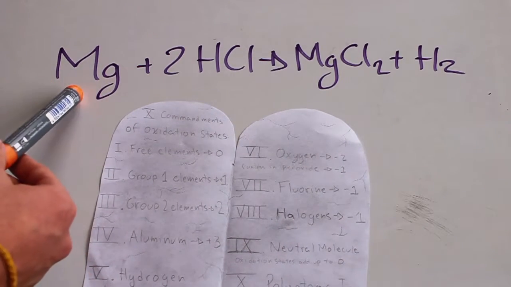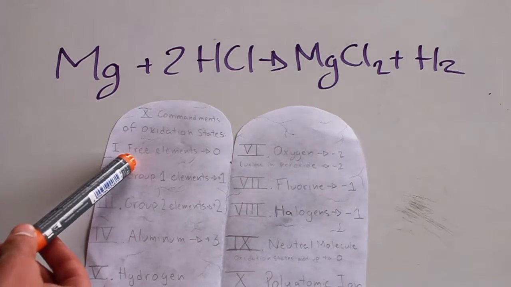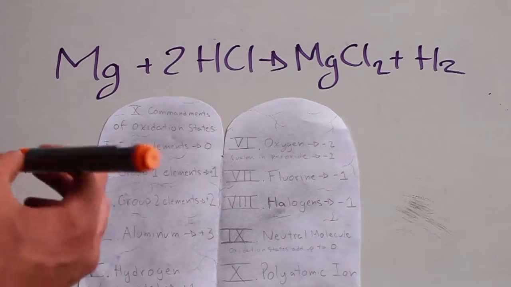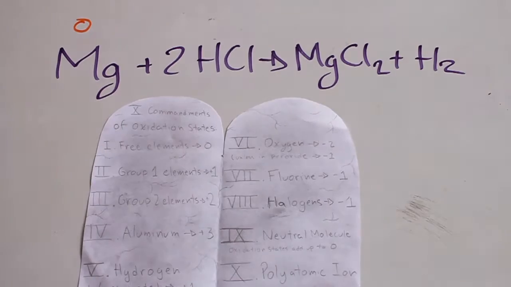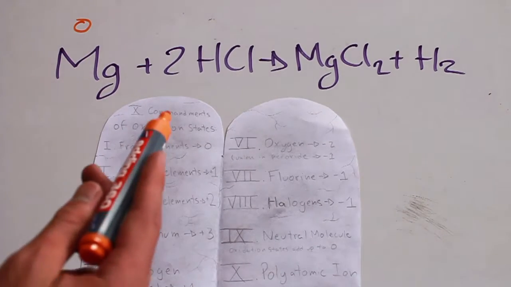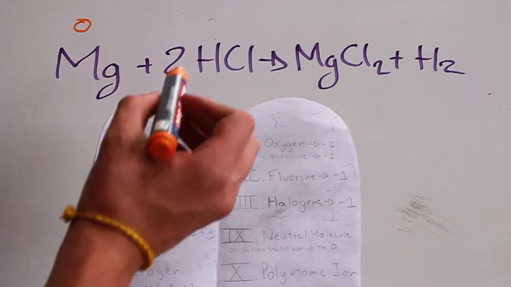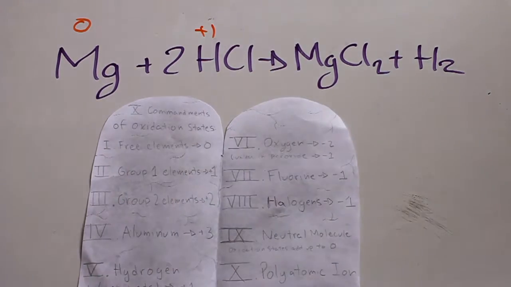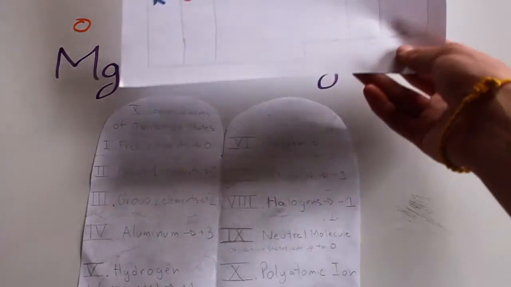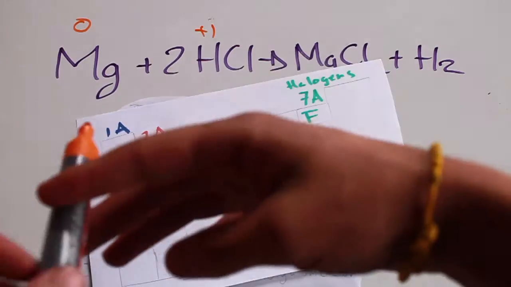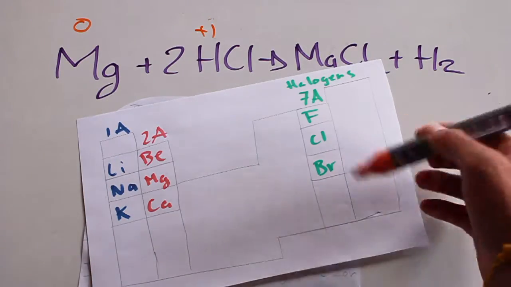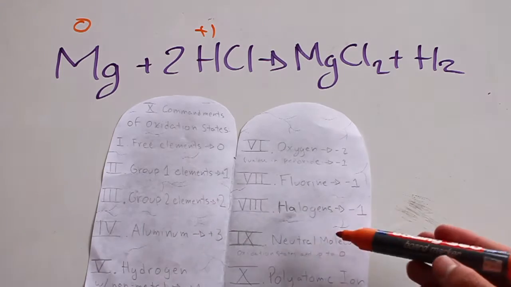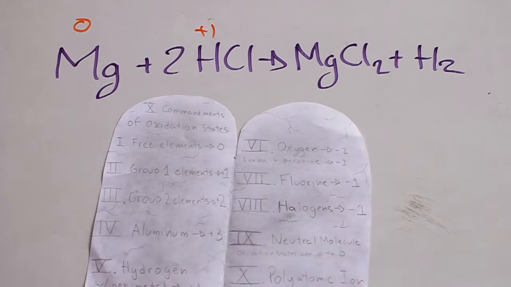In this case, magnesium is a free element, so its oxidation state will be 0. Hydrogen is bonded with a non-metal, so its oxidation state will be +1. And chlorine, which is a halogen, has an oxidation state of -1 due to rule number 8.